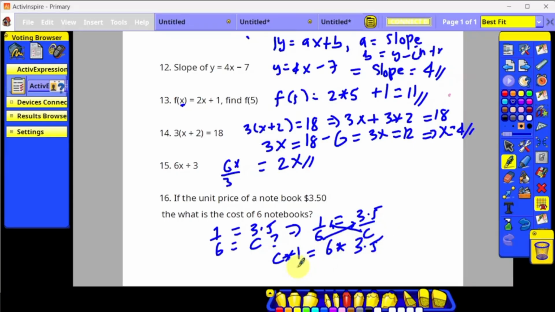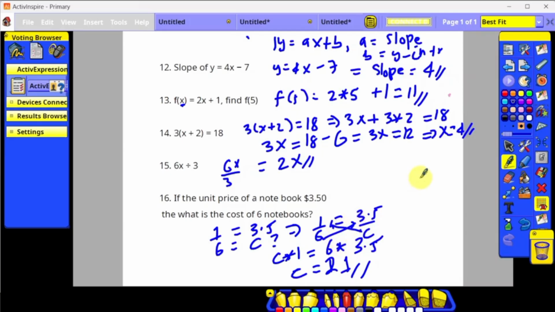So c is equal to 6 times 3.5. 6 times 3 is 18, plus 6 times 0.5 is 3, so 21 is the answer. $21. So the total cost of 6 notebooks is 21.